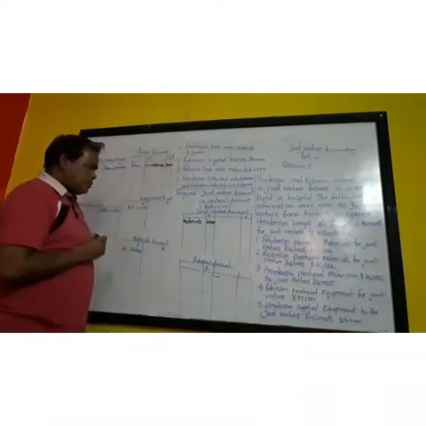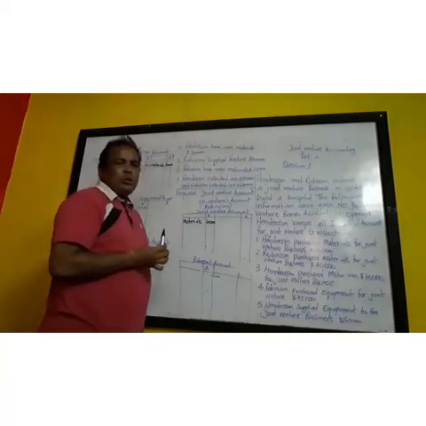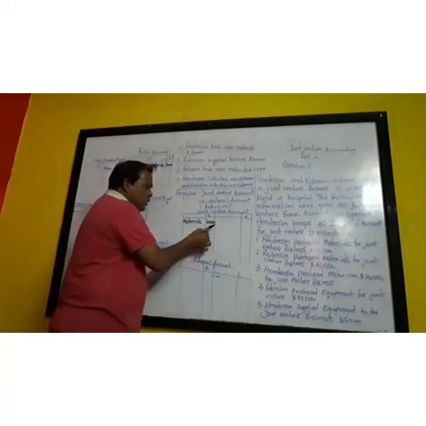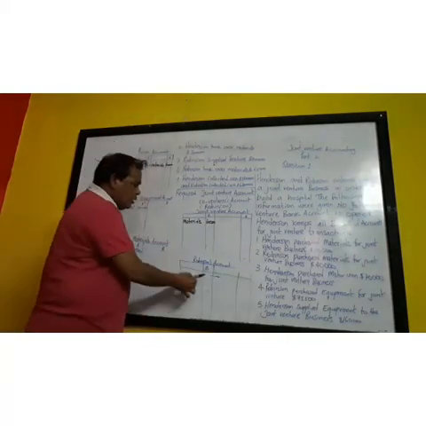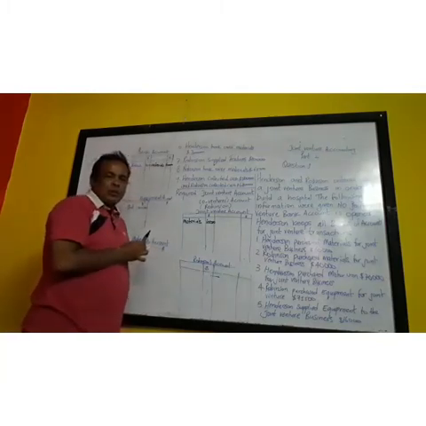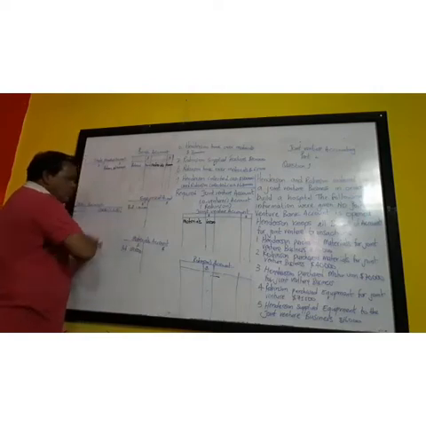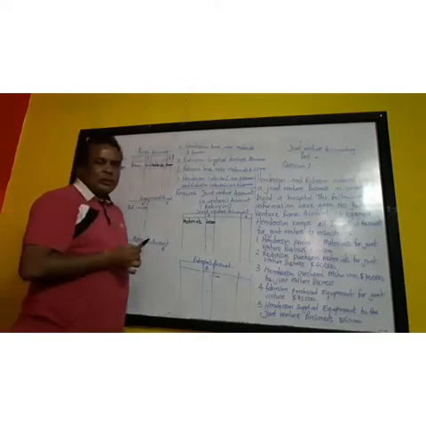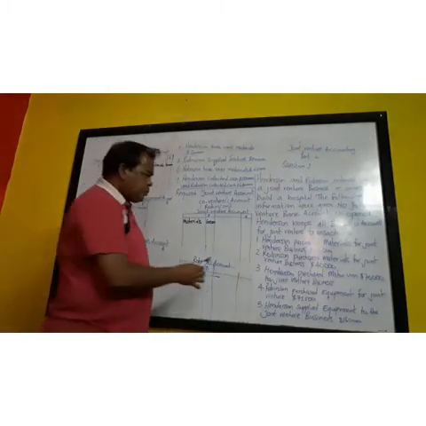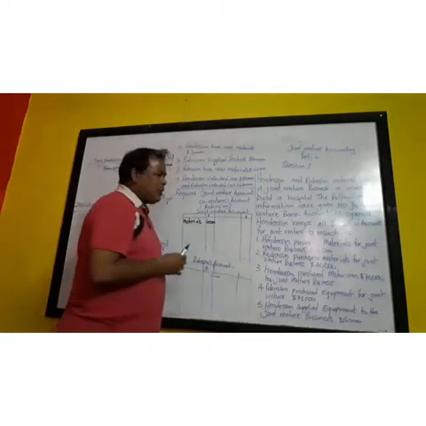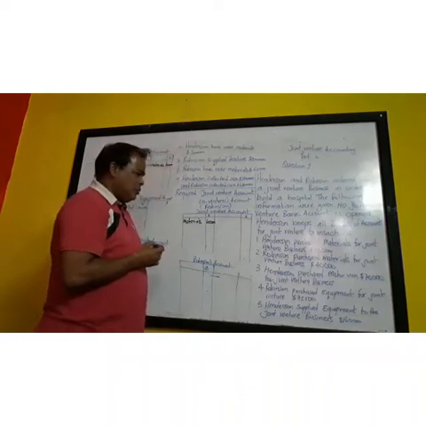In the exams, we'll be required to prepare only the joint venture account and Robinson account, the co-venturer's account. These accounts will not be required, but for the sake of understanding, we are going to complete it so that you can understand it better. Robinson purchased materials for joint venture business, 40,000.